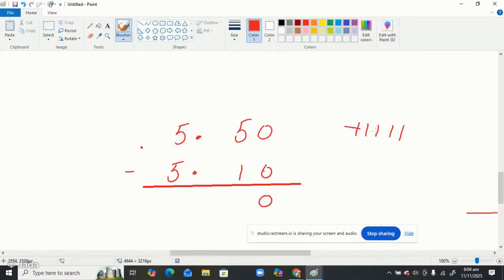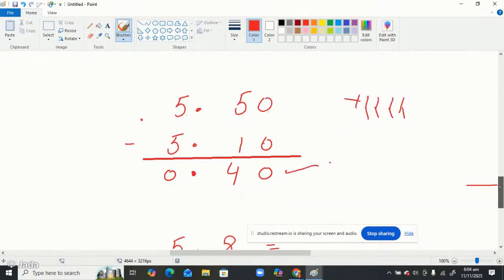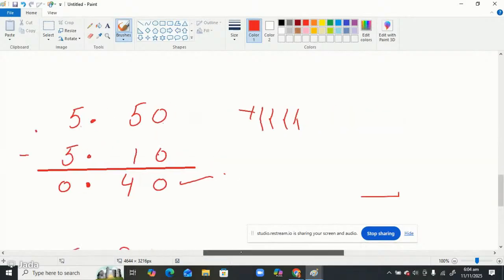Now remove 1 line, then count the remaining lines, that are 4. So just putting 4 here. Decimal point as it is. 5 minus 5, the two numbers which are the same, so we get the answer 0. So here is 0.40, that is the answer.